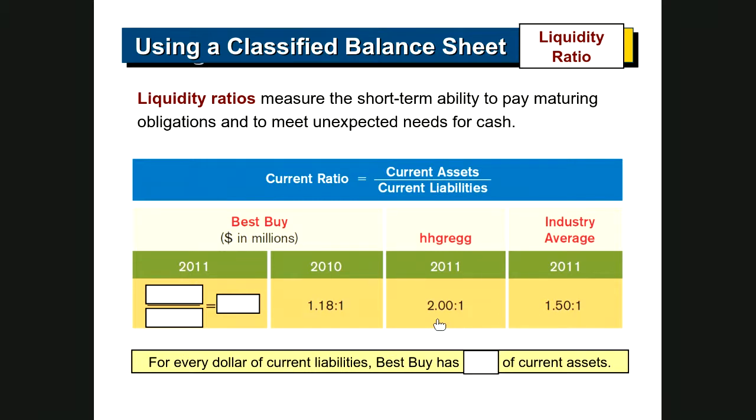Here, your current assets are a time and a half. So the larger the current assets are, the better your current ratio is, the better you're able to meet your obligations. Does that make sense?